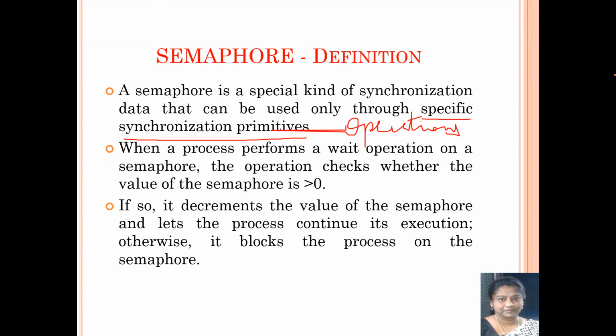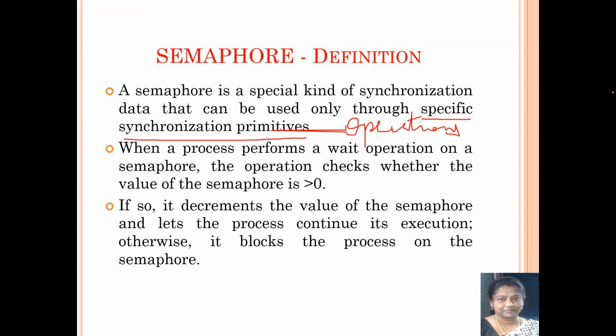Otherwise, the process has to be blocked on the semaphore itself so that another process which is already executing will not permit this process to enter the critical section. I hope you're able to clearly understand the meaning of the wait and the signal operations.